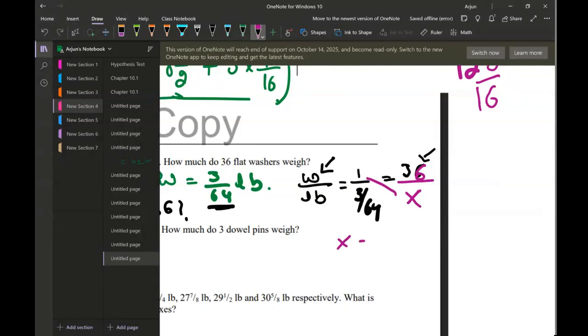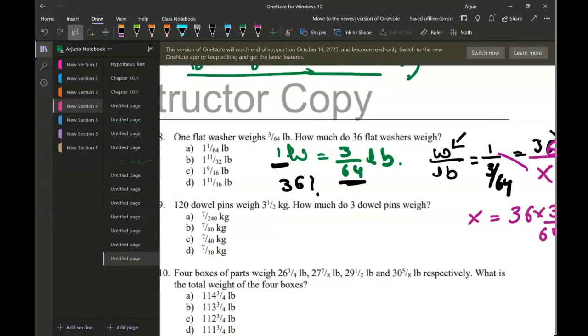X goes on the other side. So 36 times 3 over 64. You just multiply these two. That is one way of doing it. 36 times 3 over 64. The answer comes out to be, let's see, 111 over 16. 111 over 16. Yes, that is the answer I got.